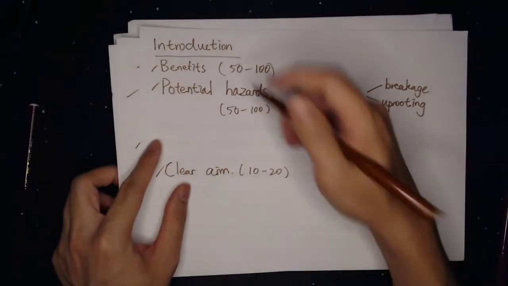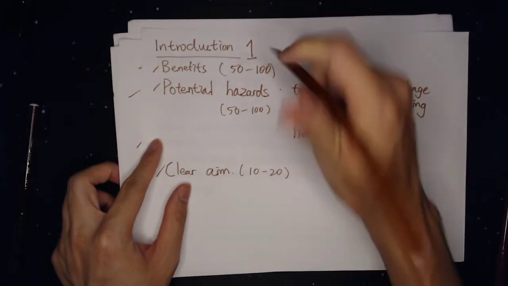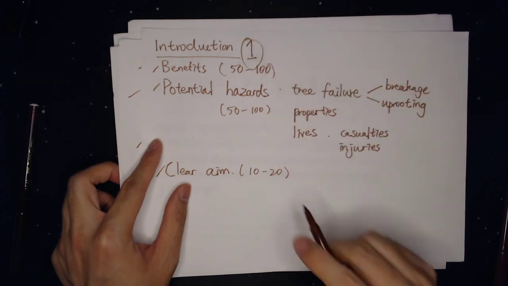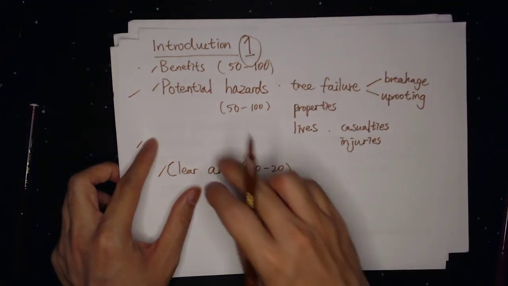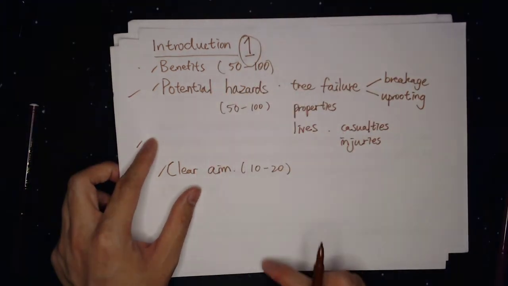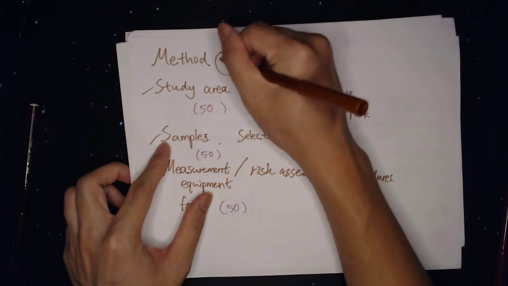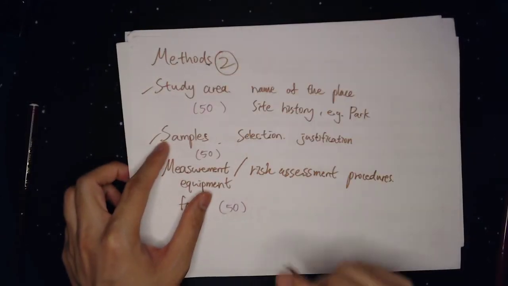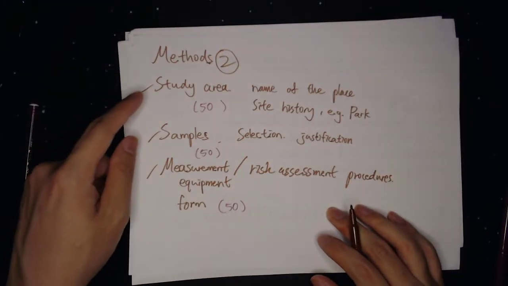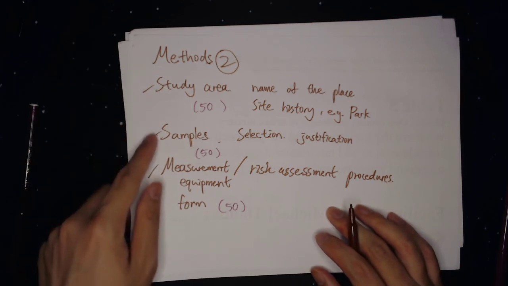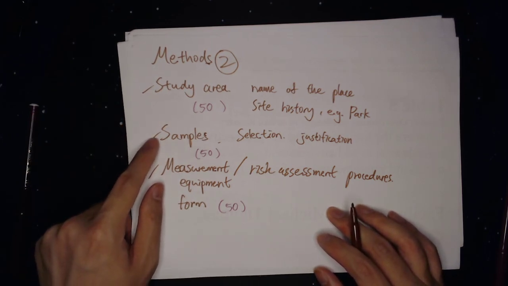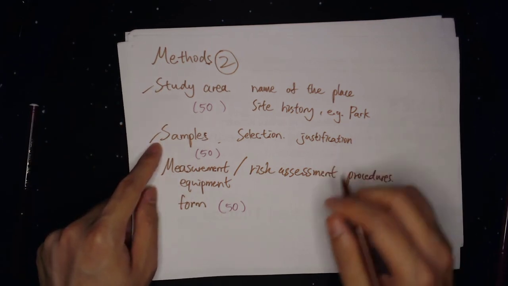So let me give you a roundup. First, you write the introduction. That is the first section of your individual assignment. So benefits, potential hazards, and a clear aim of this individual assignment. Then for the second section, you give me your methods. So describe your study area. Tell me how you selected your samples and give me justification.